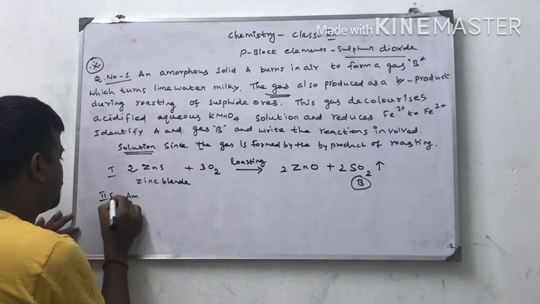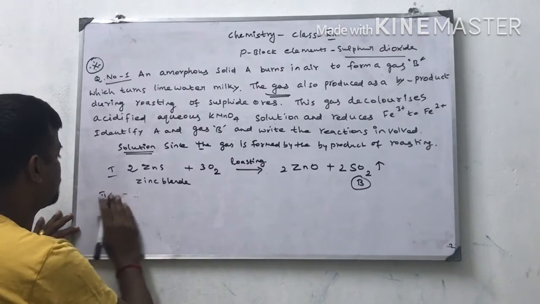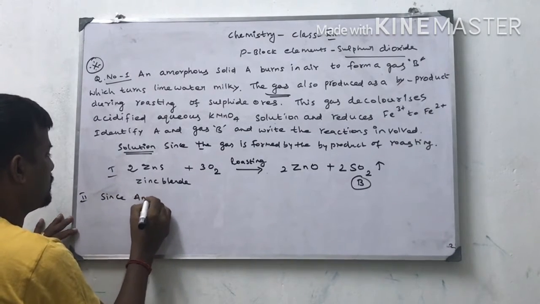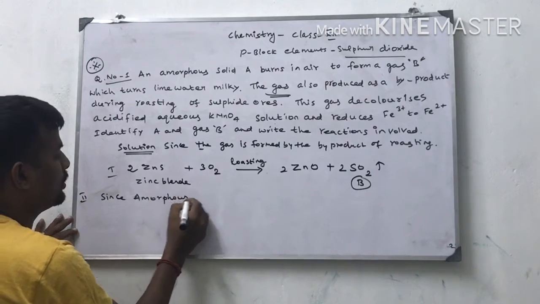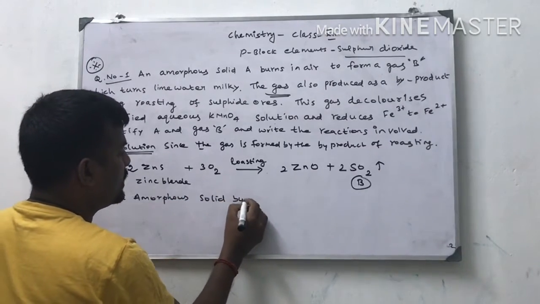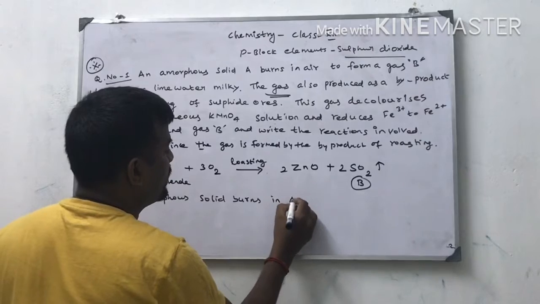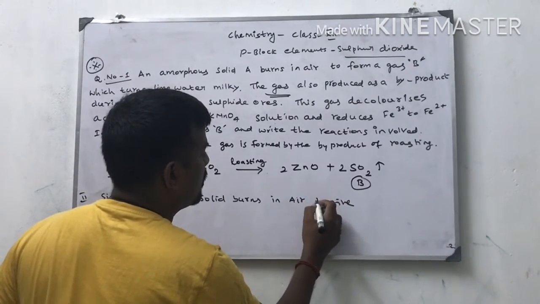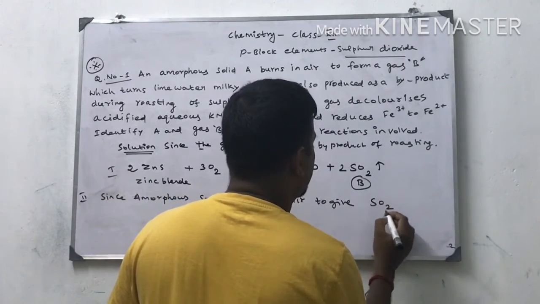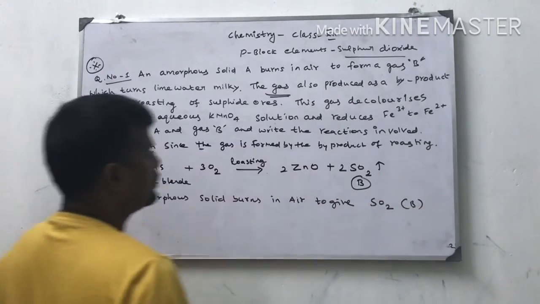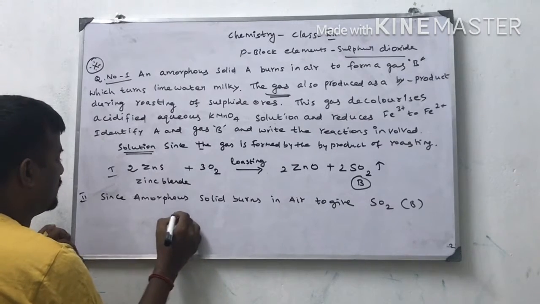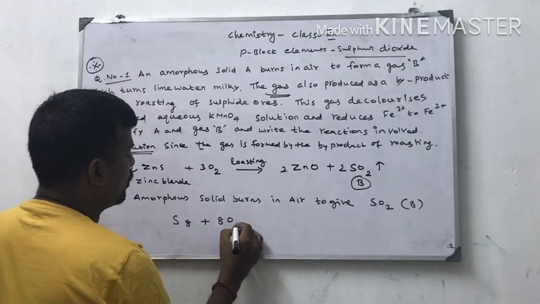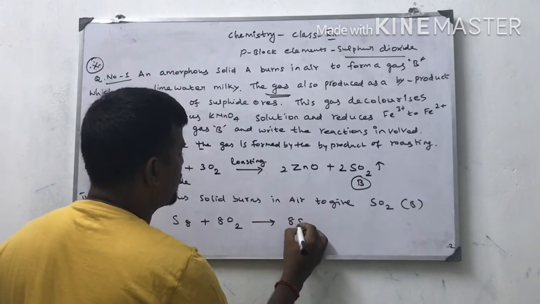Since amorphous solid sulfur burns in air to give sulfur dioxide, therefore S8 plus 8O2 gives 8SO2.